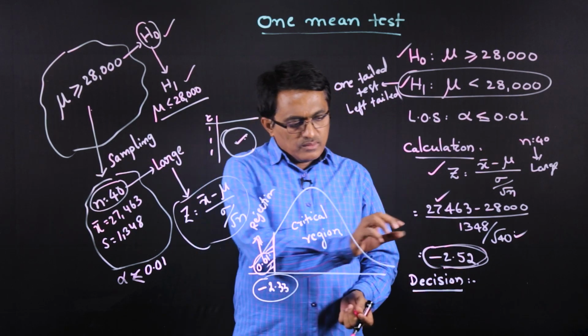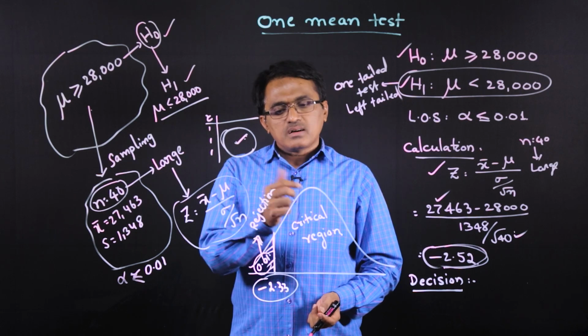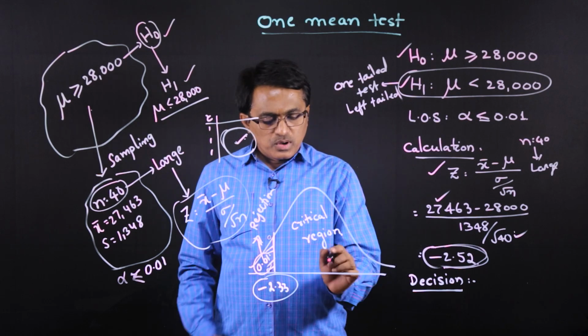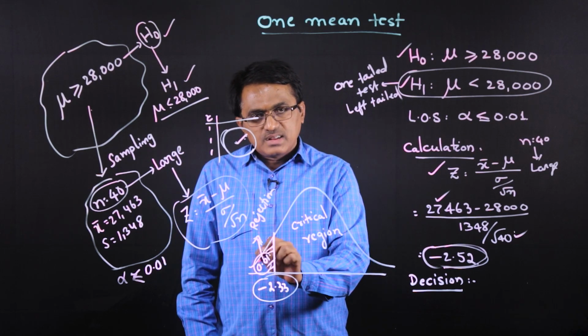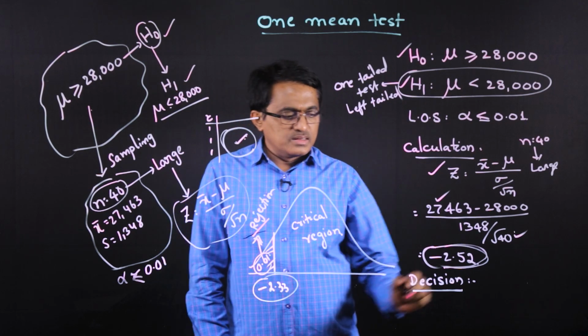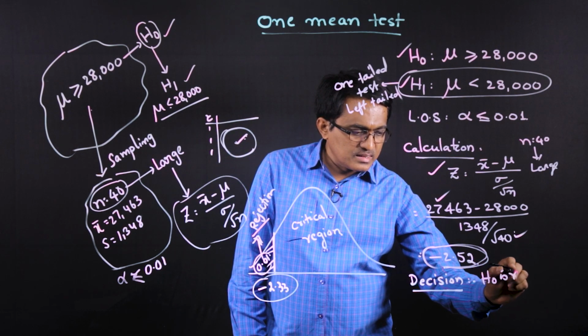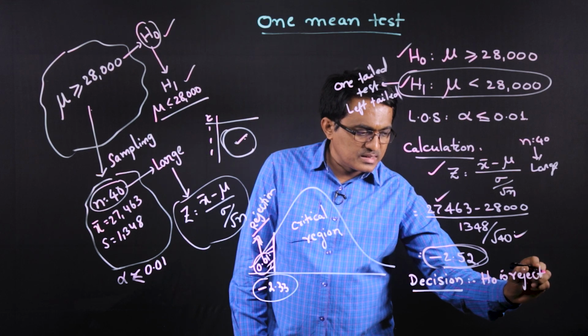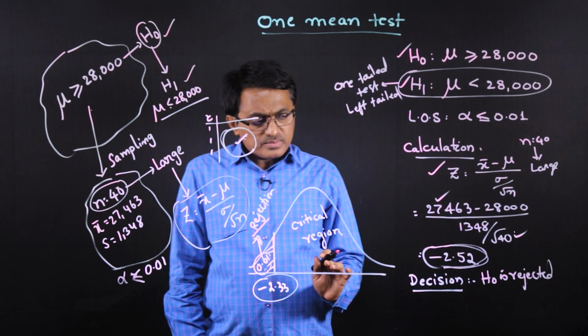Then we have to see whether this calculated value lies in the region of acceptance or in the region of rejection. So if you see here, this minus 2.52 lies here, that is in the region of rejection. Therefore, H naught is rejected, that is, the null hypothesis is rejected. That means the alternative hypothesis is accepted.